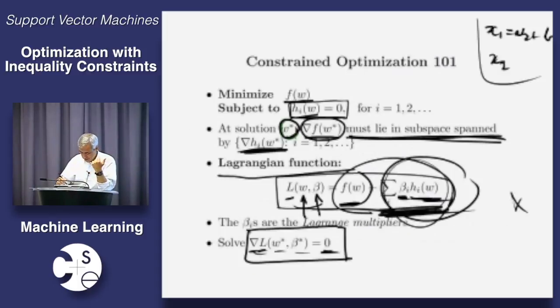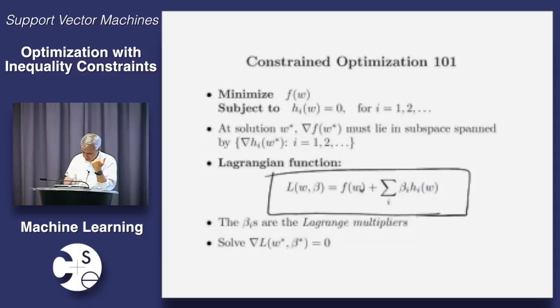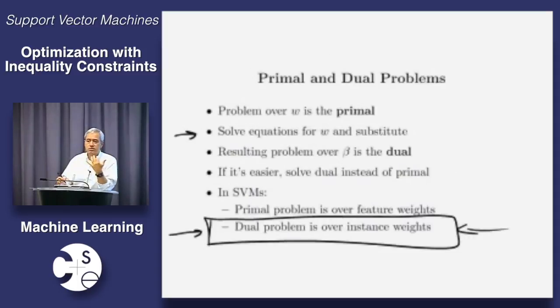My condition was that the gradient of this function had to be equal to 0, right? This is what defined my solution, okay? That the gradient of the Lagrangian was going to be 0. And then what we found was a set of weights that satisfy those conditions, right?